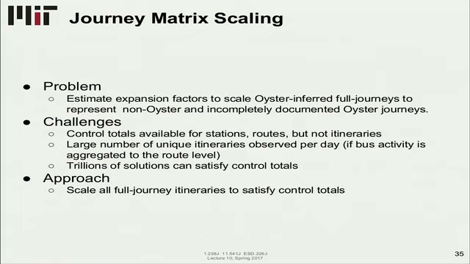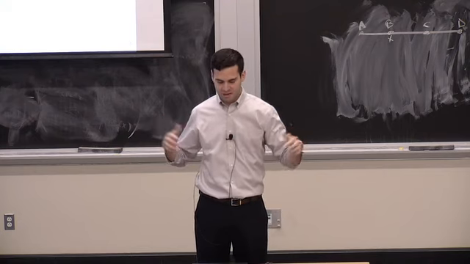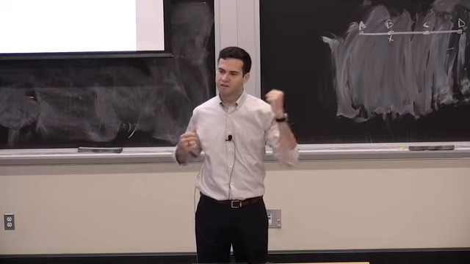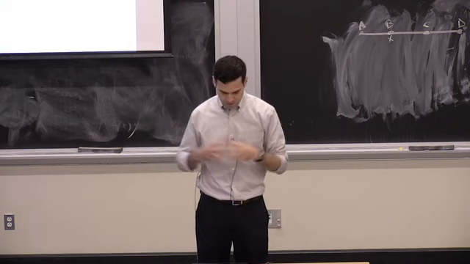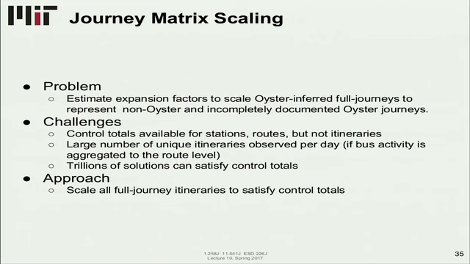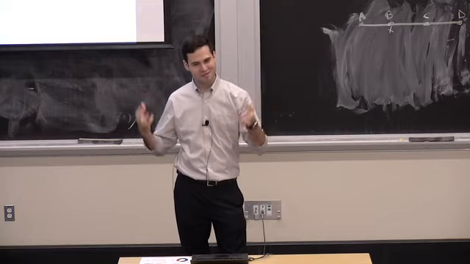So let's move on to journey level scaling. So now we're getting a little more complicated, right? We have journeys which include full itineraries of people boarding at one location or entering a station at one location, doing several trips, including transfers possibly. And each of those is considered an itinerary. An itinerary could be one stage or it could be multiple stages linked together with transfers. Again, we have inferred itineraries for a portion of the demand, but we want to scale up the demand knowing control totals, but at the itinerary level because we have information about itineraries.